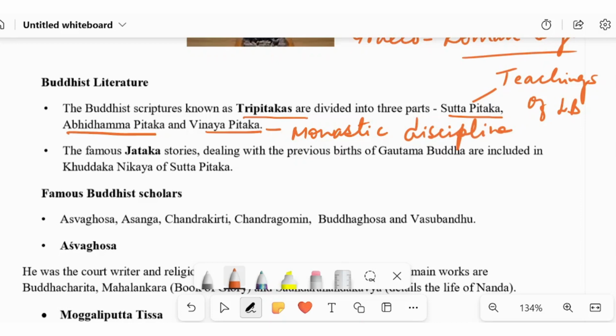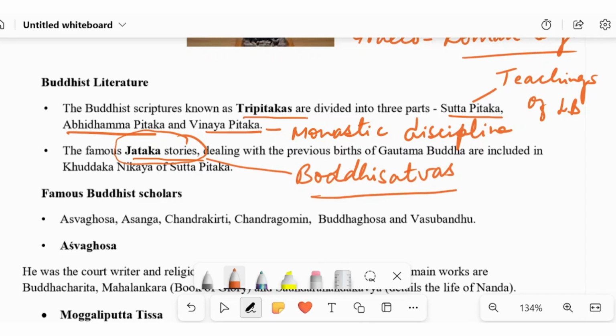Then the Jatak stories. Jatak stories are also very popular, we have all read a few in childhood. So in the form of animals, but they give us some moral lessons. So basically, these Jatak stories are about the holy men Bodhisattvas. Now what were these Bodhisattvas? It is believed that Buddha was born as bodhisattvas in his previous births.